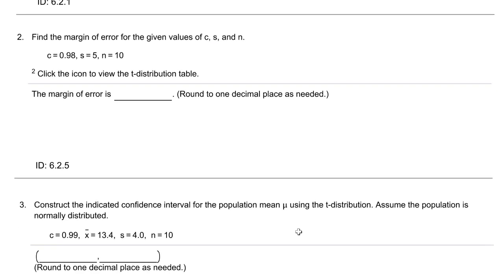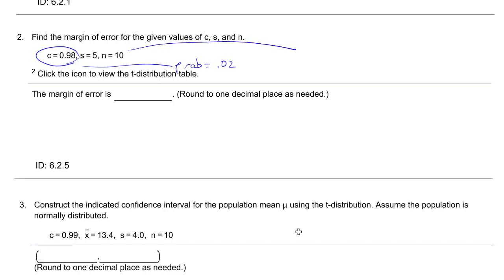Now this time we're going to find the margin of error. So we're going to need the critical value and then some more to find the E. All right, so again, let's look at what we have. We have a confidence level of 0.98. Again, that's going to be a probability of 0.02 when we go and use Excel.